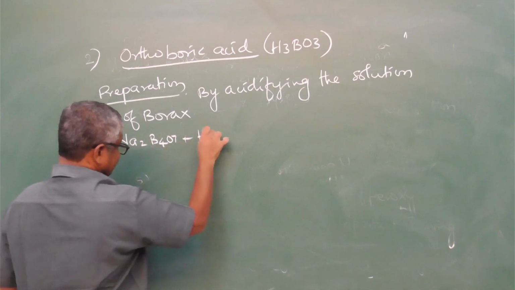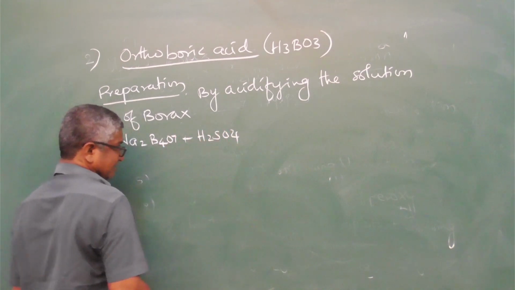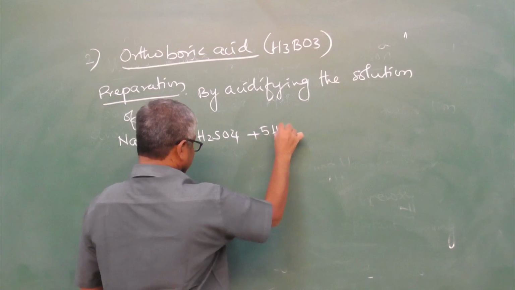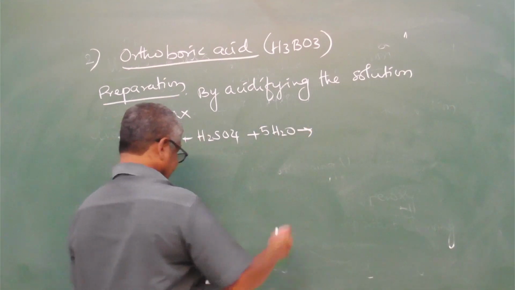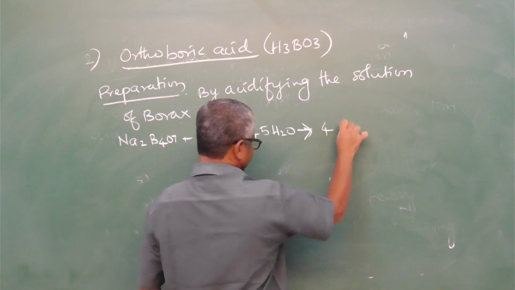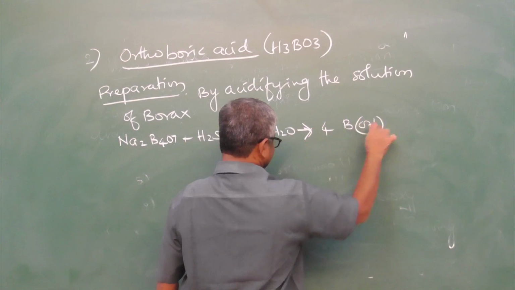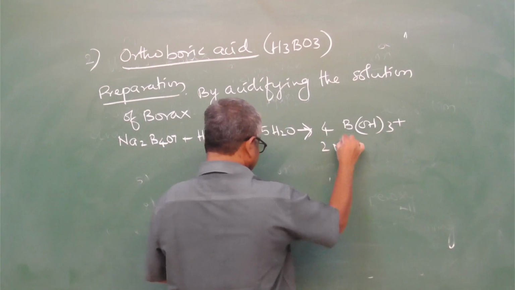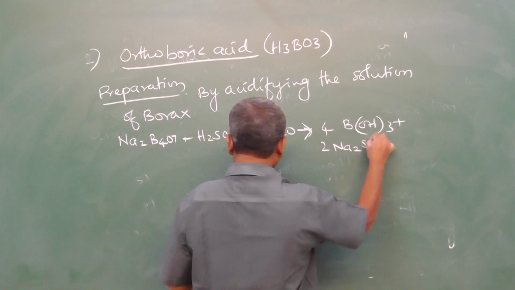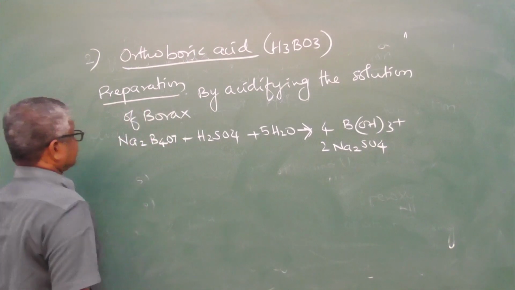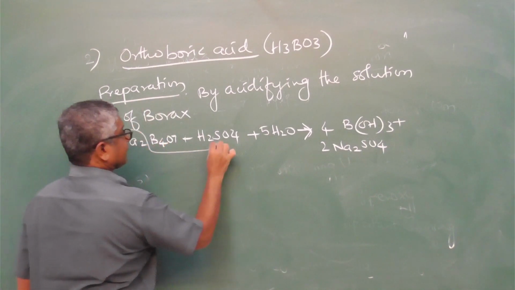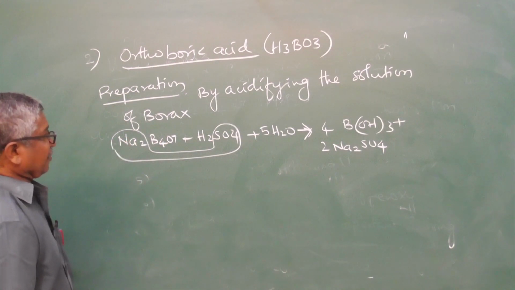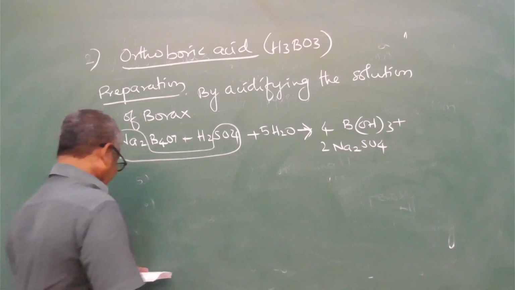Na2B4O7 treated with sulfuric acid for acidification with water molecules gives 4 molecules of boric acid with 2 molecules of sodium sulfate. Sodium sulfate with the 4 molecules of boric acid.